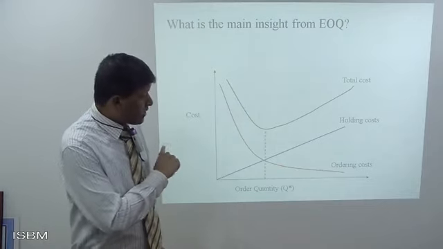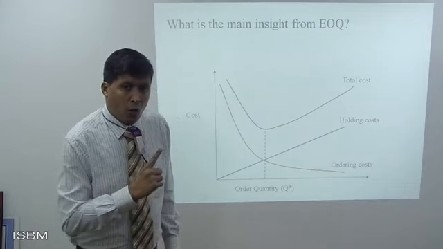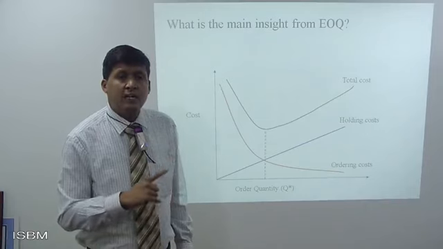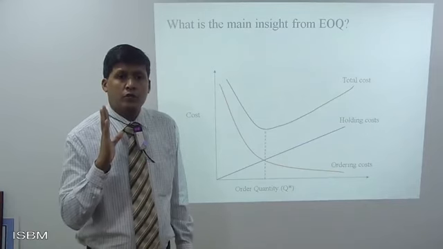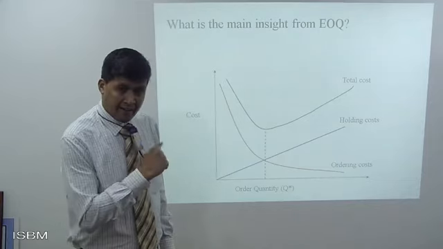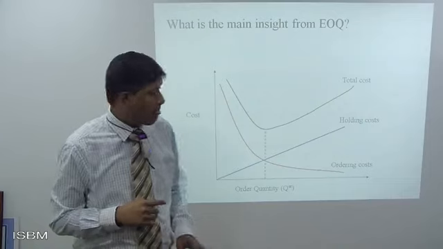Let's look at holding cost, represented by the blue or the violet line. Holding cost with increase in quantity goes up proportionally, right from the point 0. Seeing this? Holding cost goes proportionally.